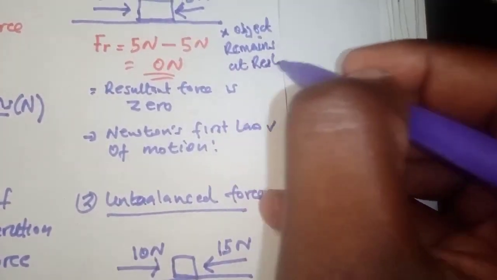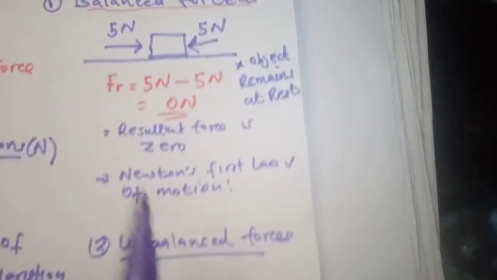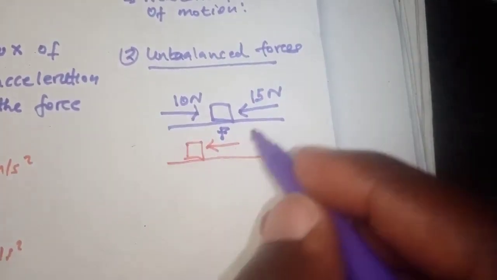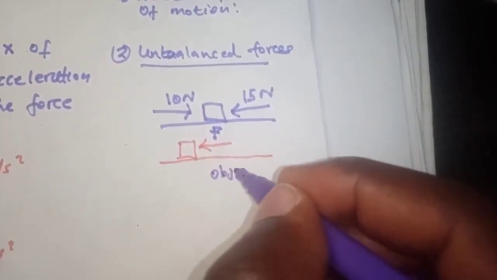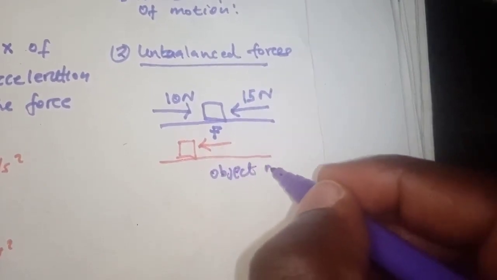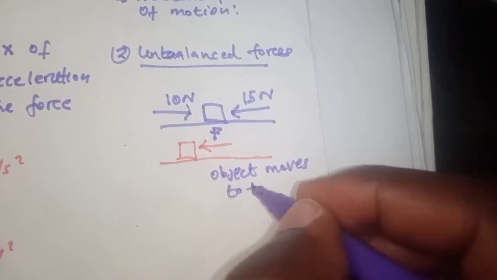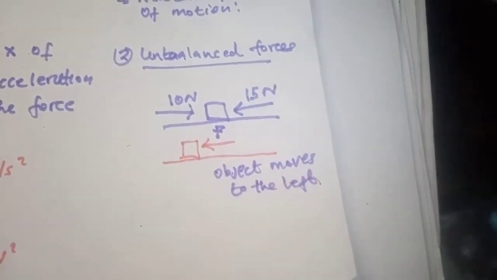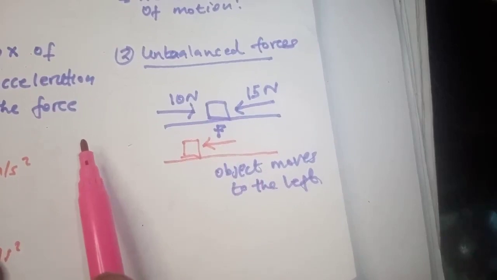It won't move either to the right or to the left. But here the object will move to the left, because the greater force, which is the 15 newton force, is pushing it to the left.